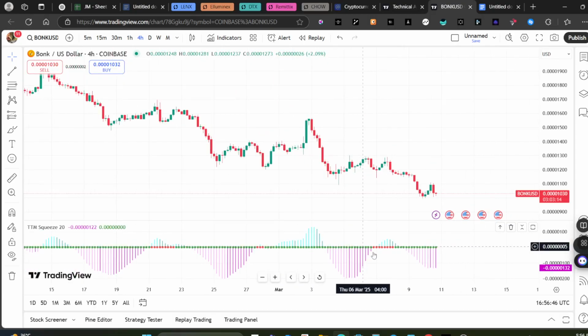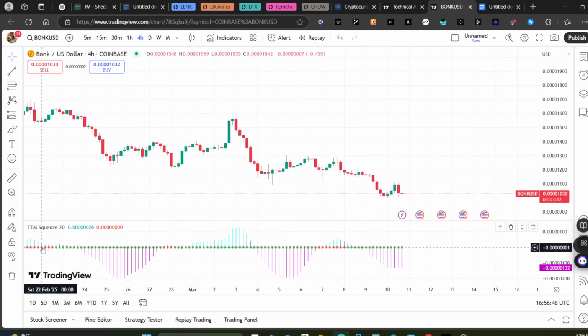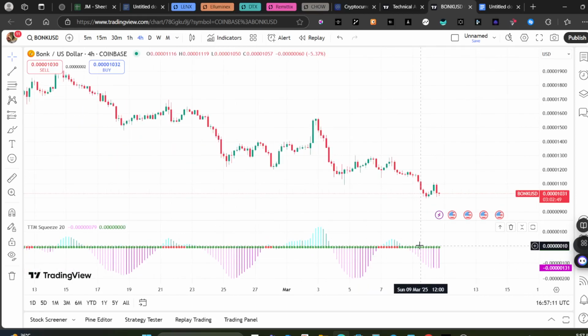The squeeze dots, you can see them right here, change color from red to green and to red and to green again. When the dots turn red, the market is in a squeeze, meaning that volatility is low and the breakout is likely coming. When the dots turn green, the squeeze is off, meaning the breakout has started.